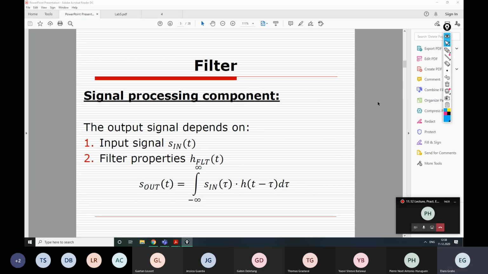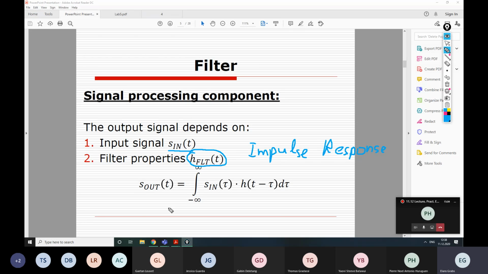And for any kind, be that frequency selective filtering or matched filtering, the output signal depends on the input signal, of course, and the properties of the filter, which are usually specified in the form of the impulse response. We will talk right now about what that is if you don't remember, but the idea is quite simple.